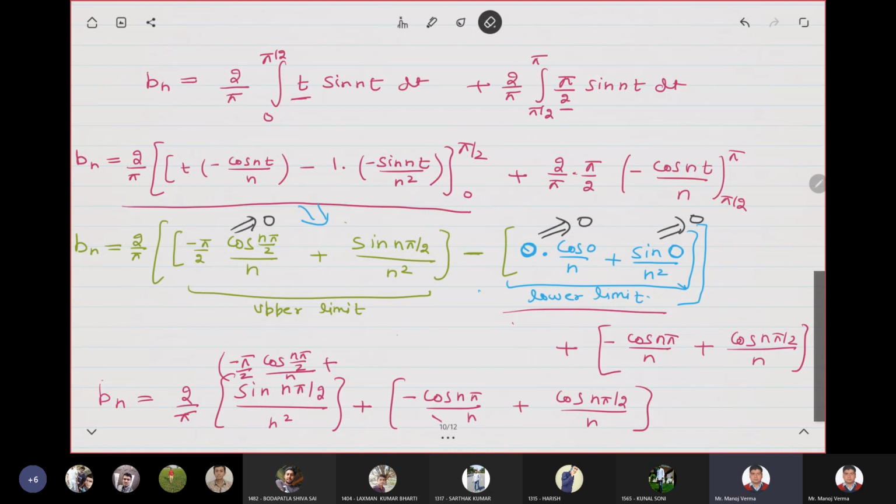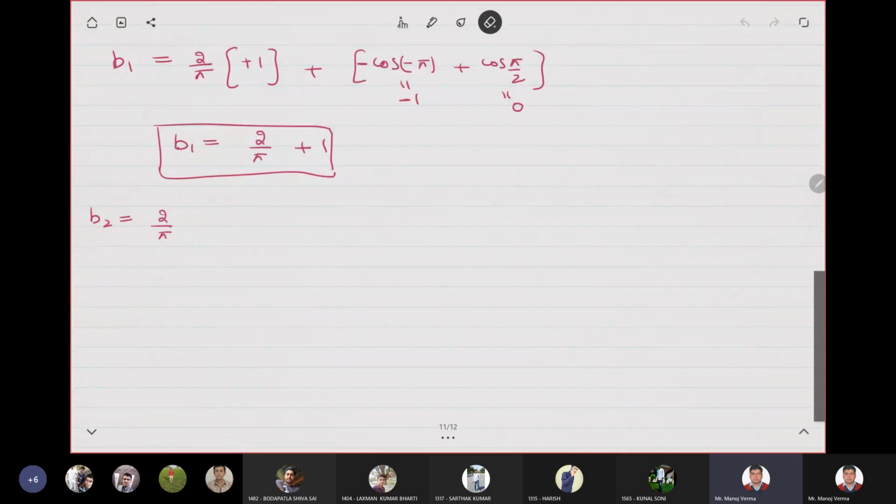This term will not always be equal to 0, because if n is equal to 2, it will become cos pi. So for n is equal to 2, we are calculating the b2 value, and this will become minus pi by 2 cos pi plus sin pi by 4.